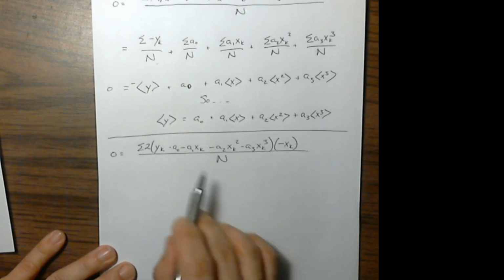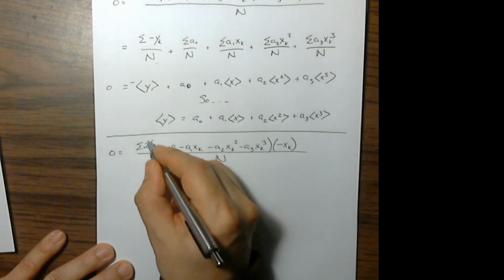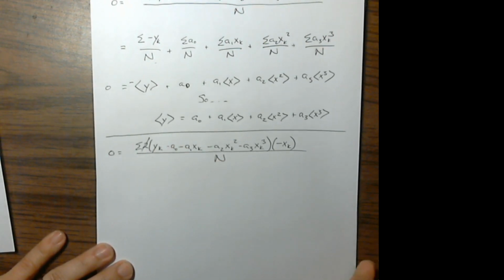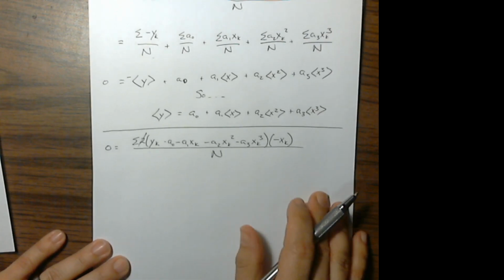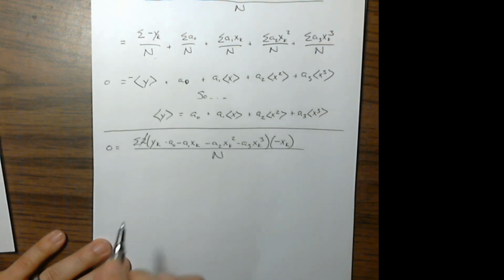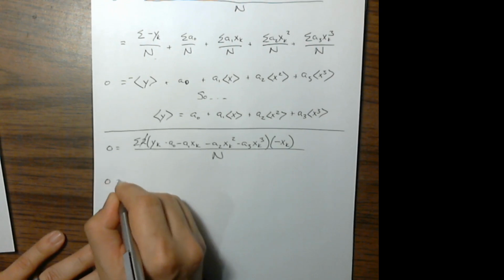There we go. So that looks messy. Let's make it cleaner. You can cancel out the 2 just by dividing everything by 2, no problem. And when we distribute, this time here's what we're going to get.